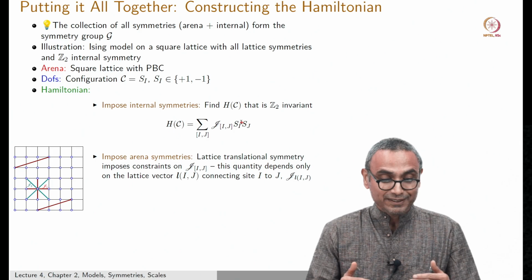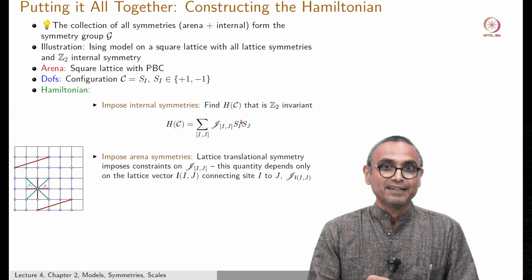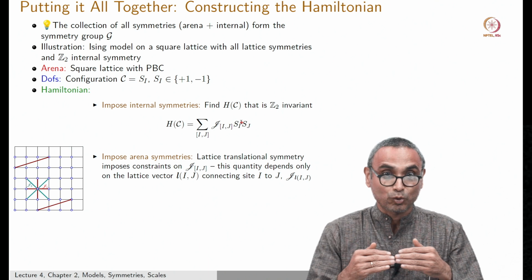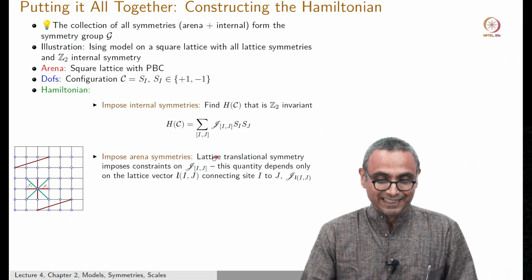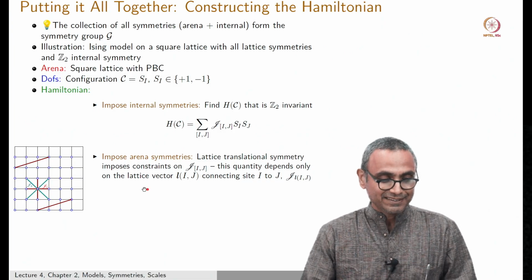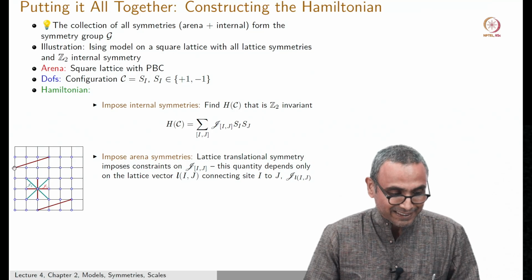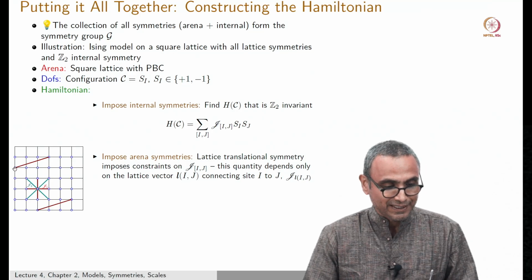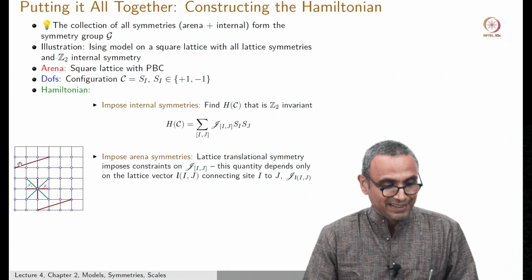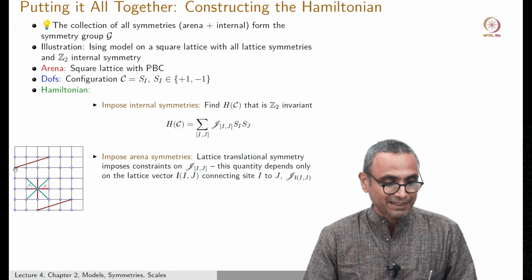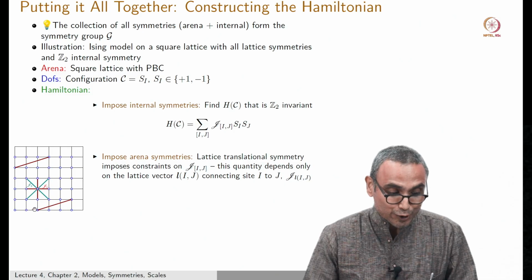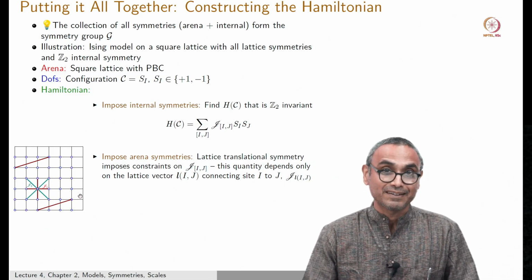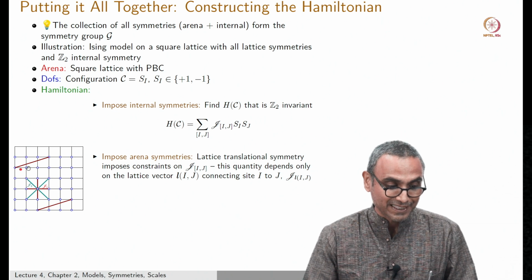Now we impose arena symmetries. For example, if I first impose square lattice symmetries, I will first impose the translations. I invite you to work out the details. Take this particular site which I am pointing to on the left side here, and this site; they have a lattice vector separating them, indicated by this brown line. These 2 sites also have the same lattice vector as the other 2 sites.